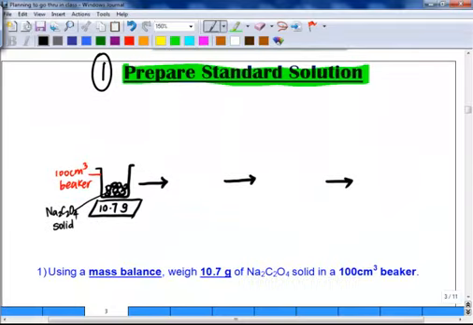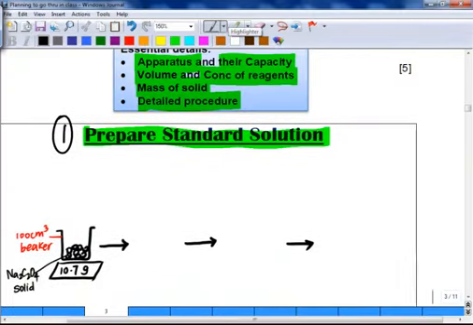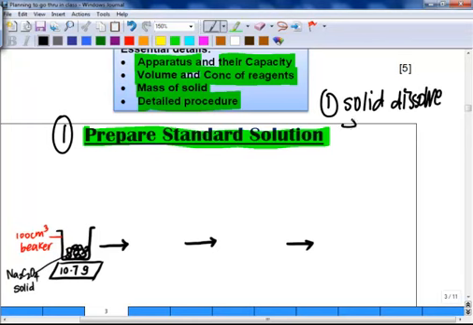For prepare standard solution, there are two different types. Number one, you have a solid, dissolve it, then you get a standard solution. Number two, you need to prepare a standard solution when you have a very concentrated solution. You want to dilute it.